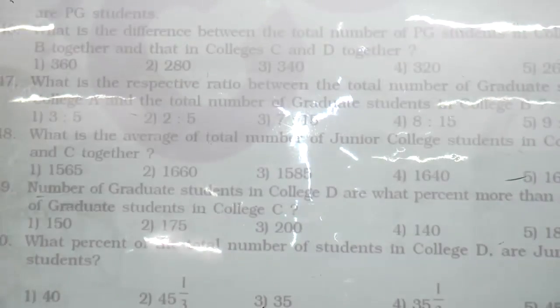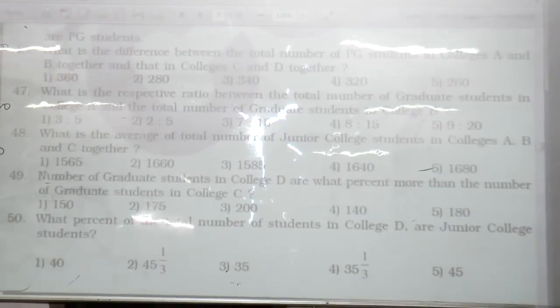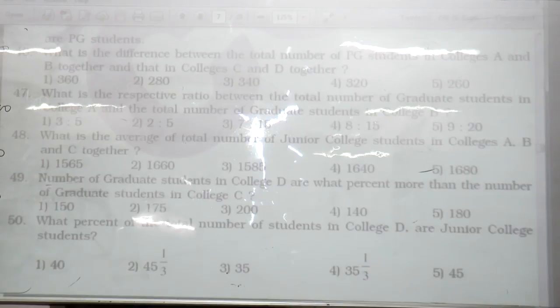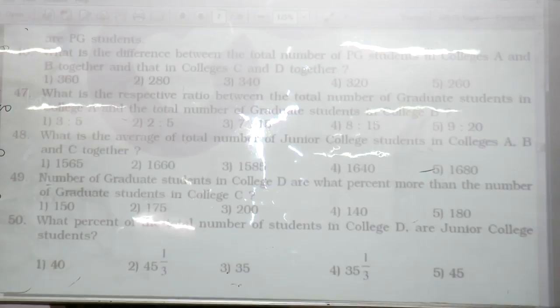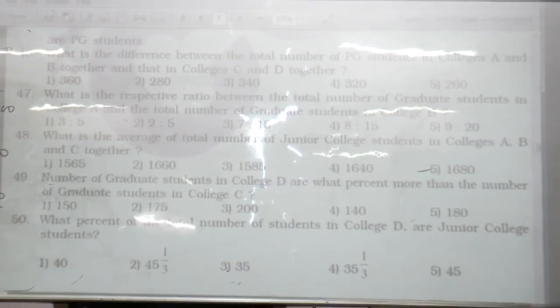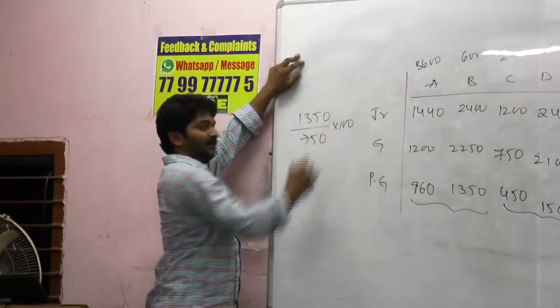Number of graduate students in college D are what percent more than number of graduate students in college C? College D we have 2100. 2100 is how much more than 750? 1350. So 2100 is 1350 more than 750, into 100.